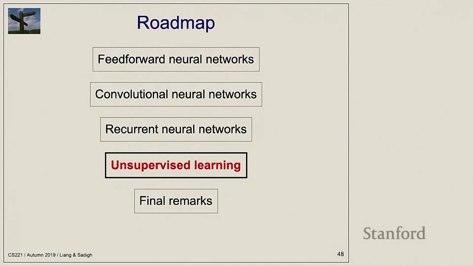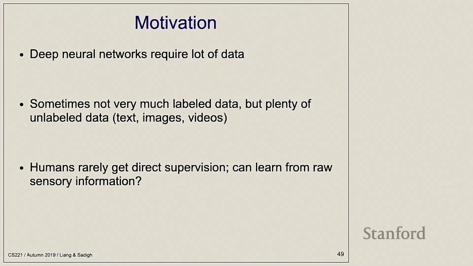So now we're going to talk about unsupervised learning. Like I said before, we got neural networks to work well recently, and a lot of that is just because they need a lot of data.